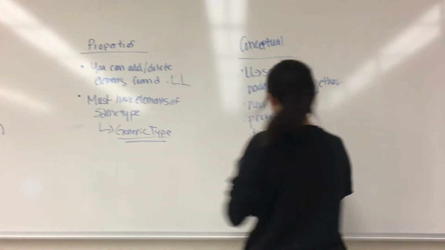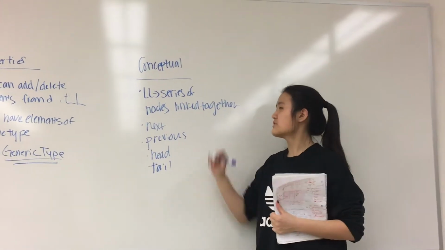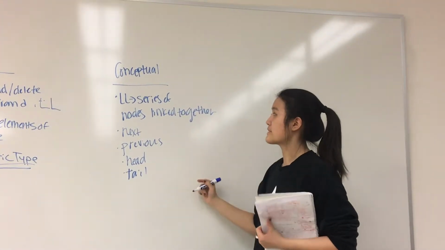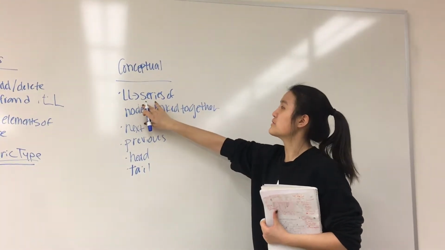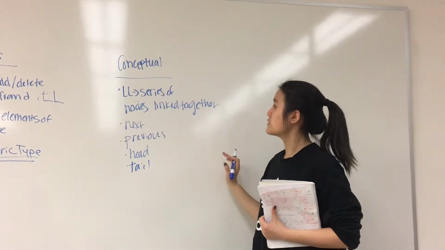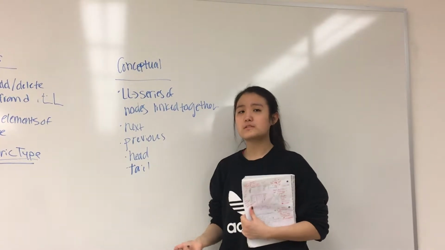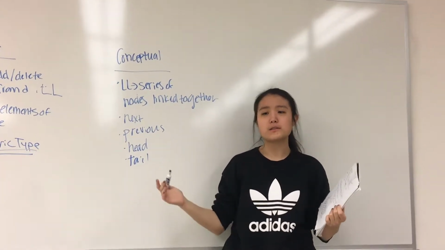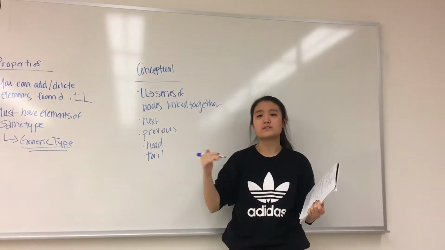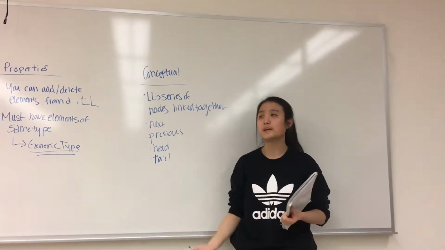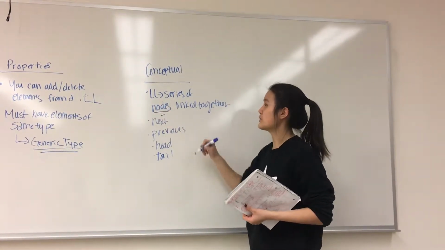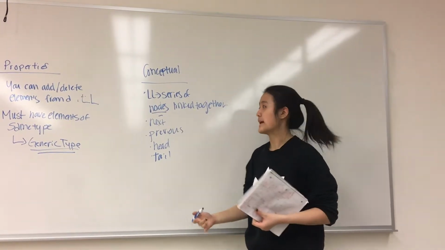Now for conceptual, this is just like a list, but what we're going to do is create a diagram after we go over this. A linked list in general is basically a series of nodes that are linked together. So a linked list is still like a sequence of elements that you can use in order to access each element, much like an array, except you have to think of them as individual nodes that'll be linked together, and I'll draw that out.